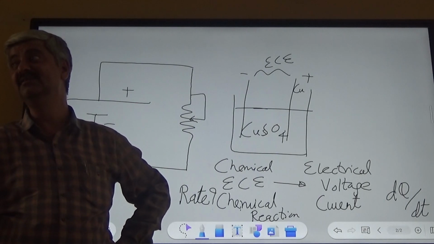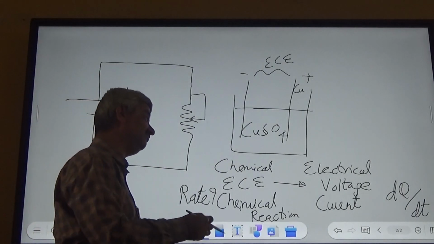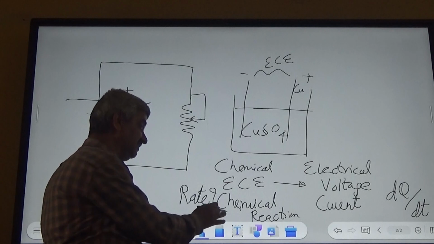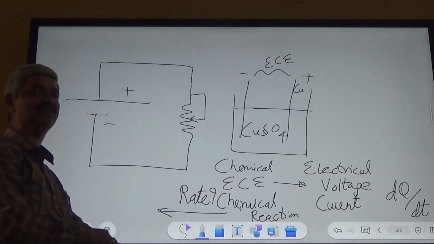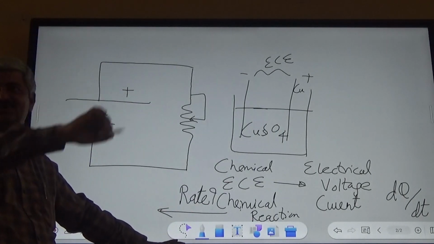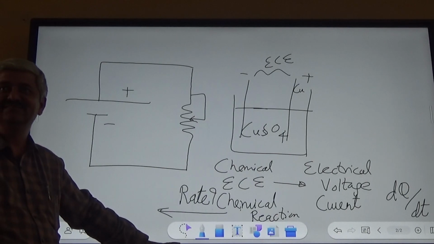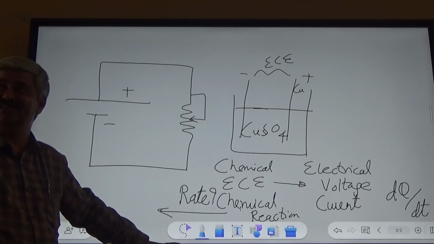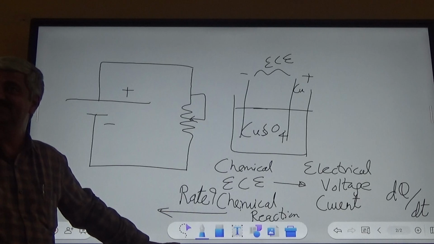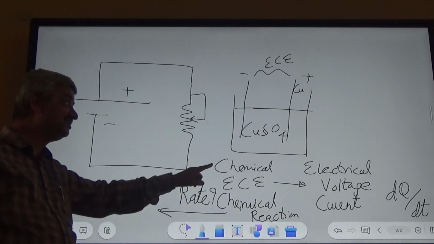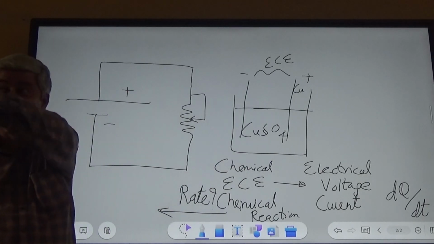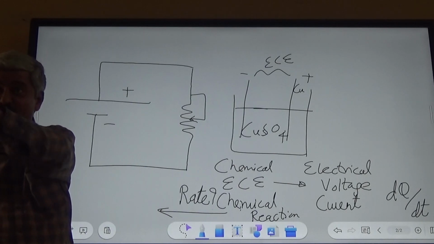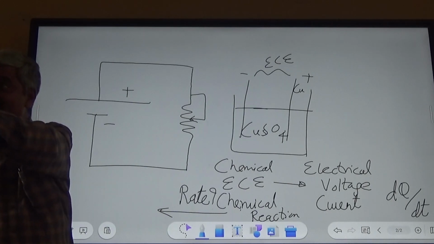Why? Now, very interesting thing. This rate of chemical reaction is related to what? ECE is a property of the pair, not dependent on, not proportional to anything, it is constant.